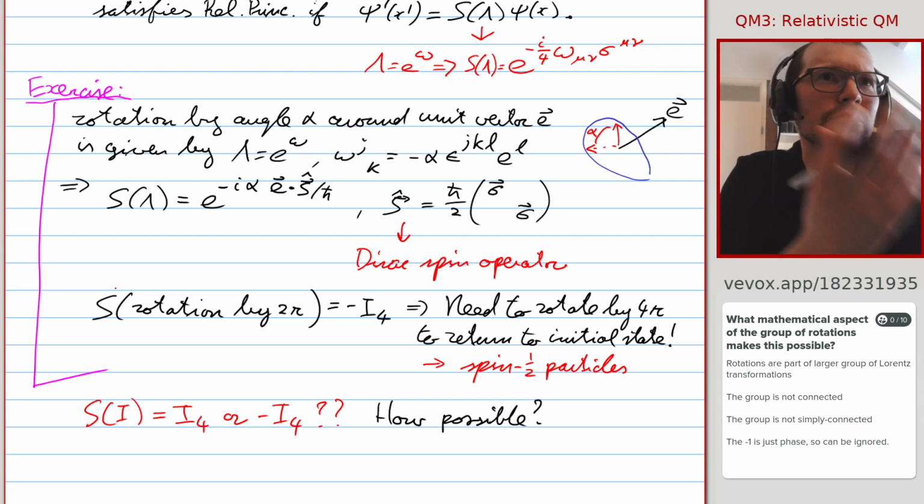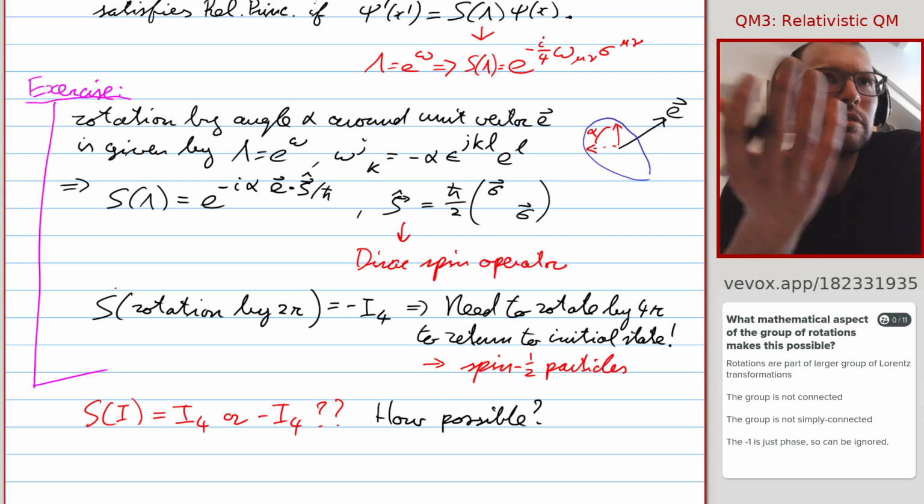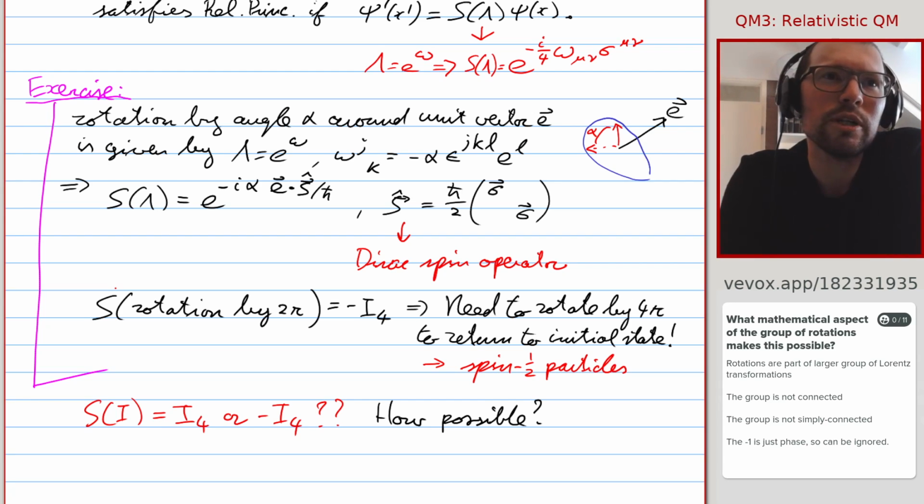Perhaps the rotations are of course not the most general transformations, they're part of the Lorentz transformations, so maybe we have to take also those into account. Or does it have to do with the fact that the Lorentz group or the orthogonal group is not connected? Or does it have to do with the group not being simply connected? Or is this -1 just a phase which we should not care about anyway in quantum mechanics?